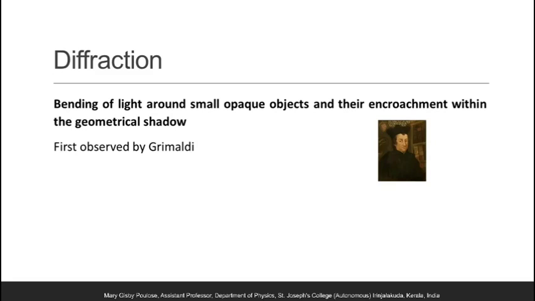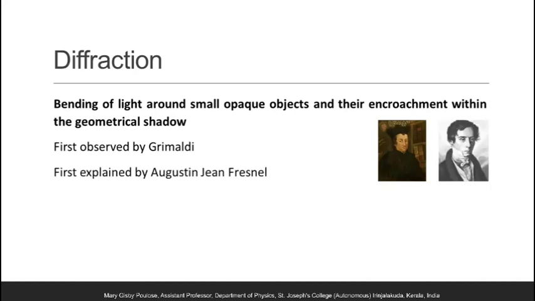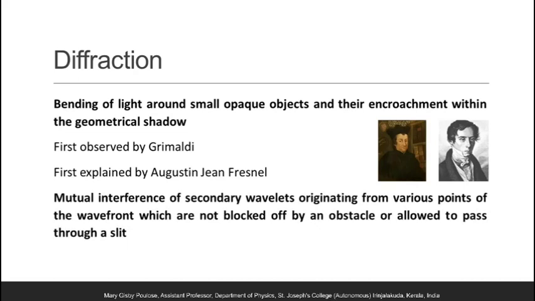Now this was first observed as a physical phenomenon by Grimaldi and later explained by Augustin Jean Fresnel. He explained that it is the mutual interference of the secondary wavelets originating from various points of the wavefront which are not blocked off by an obstacle or allowed to pass through the slit.